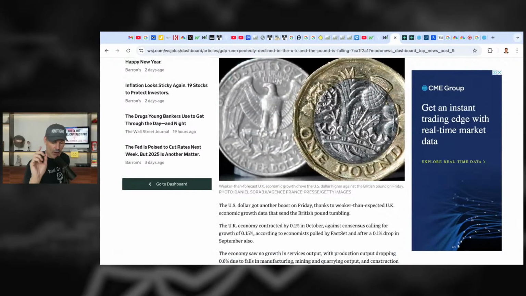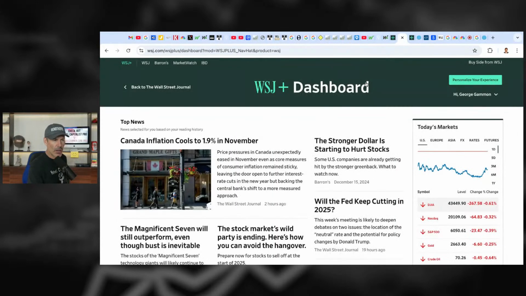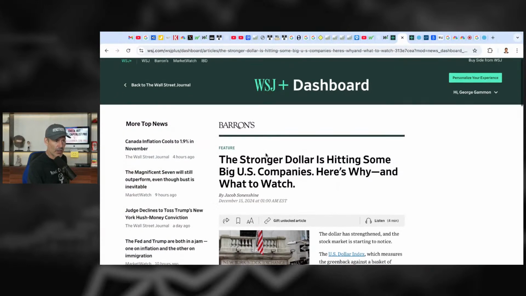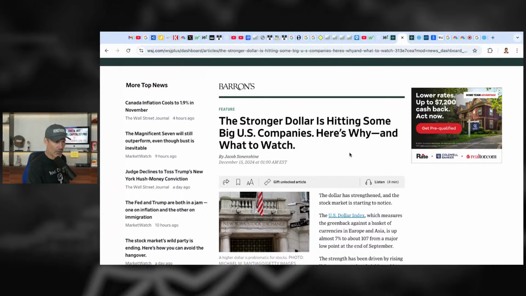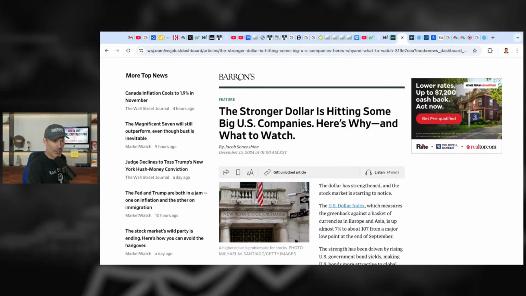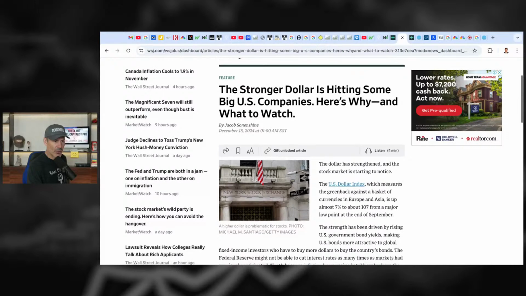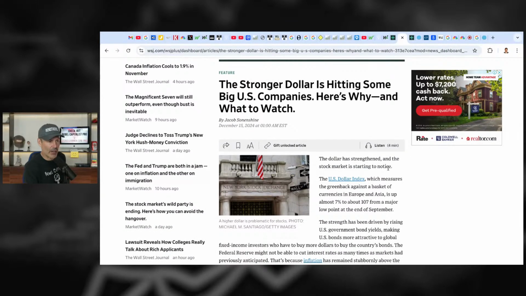Okay, now let's go ahead and address another topic, or let's look at this dollar from a slightly different angle. I want to pull up this story, talk about the dollar strength hitting some U.S. companies, and here's why and what to watch. So I don't know why they changed the title on this, because the title was how this might be a negative drag on the stock market.